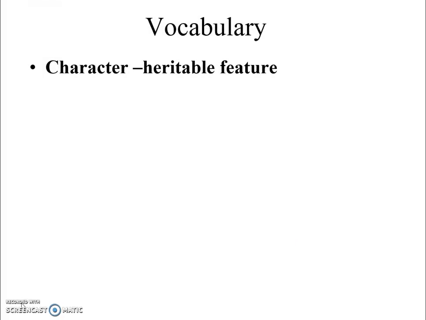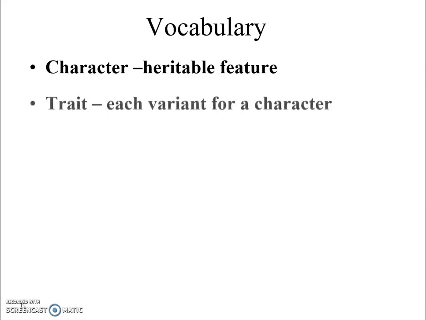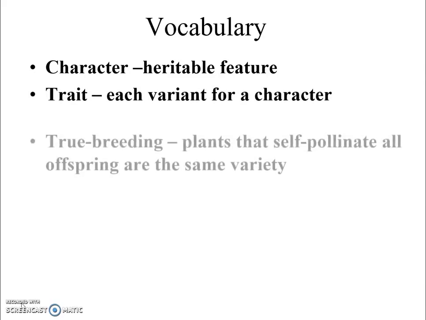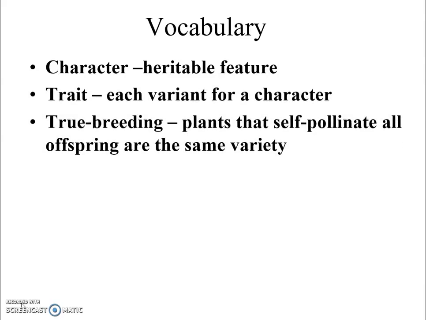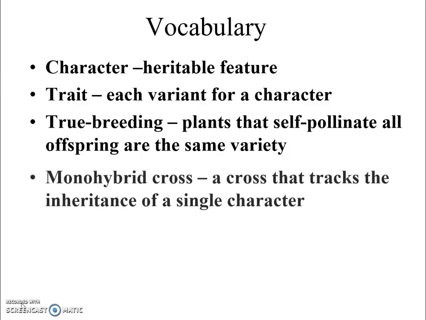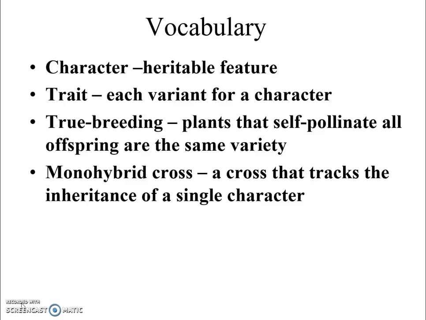So before we move on, I have mentioned a lot of words. These are the vocab words that you should know. Character. A character is basically a feature that can be inherited. Trait is the variant for a character. True breeding, plants that self-pollinate, and in every subsequent generation, the same genes are transferred from parents to offspring.